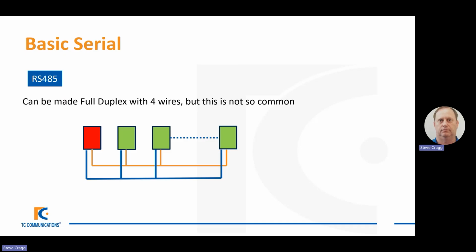So in this case, the central unit can transmit to all of them, and at the same time, the polled unit can send data back, and that can be full duplex at the time. So it's perfectly reasonable to have full duplex. You can do that if you want, but it is pretty common to not do the full duplex. This is often used for low-speed data.